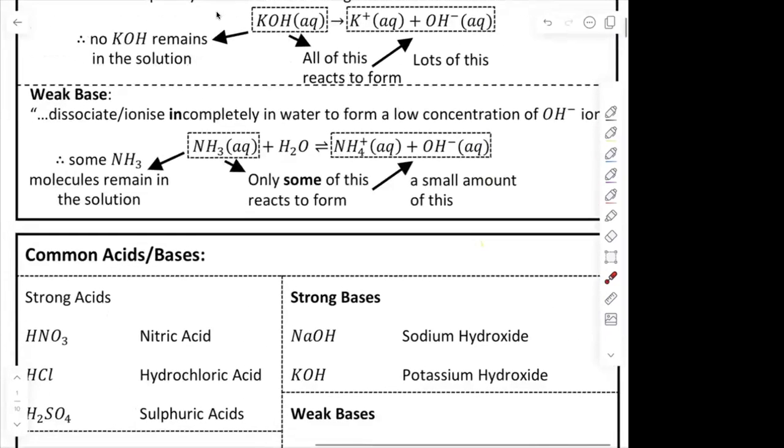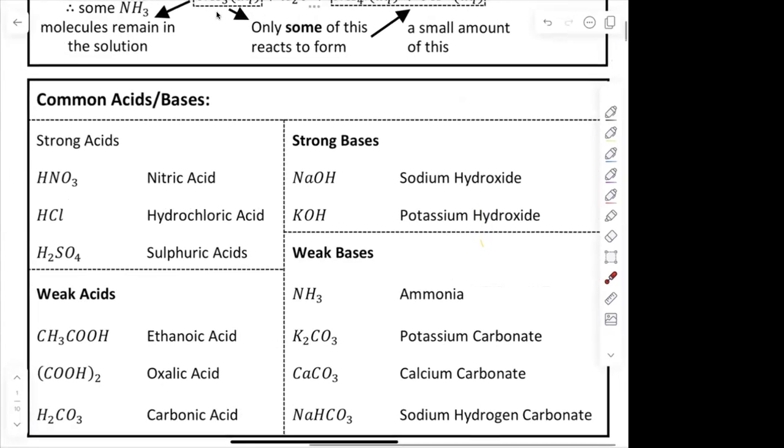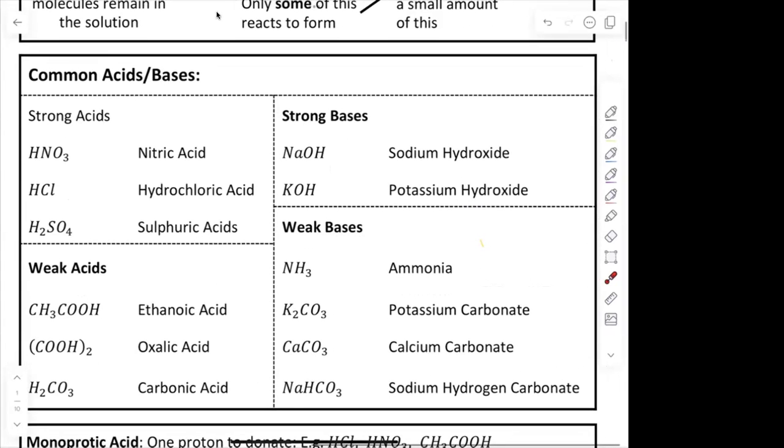All right, now let's look at some common acids and bases. It's very good to always know some of your strong acids and strong bases and to memorize these, because usually they'll ask you about them in these questions. In terms of strong acids, we've got nitric acid, HNO3, hydrochloric acid, HCl, and sulfuric acid, H2SO4.